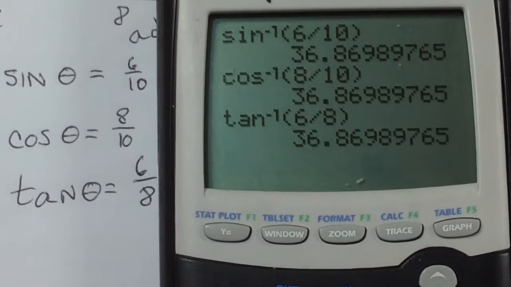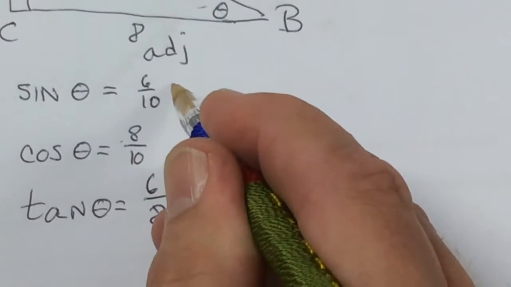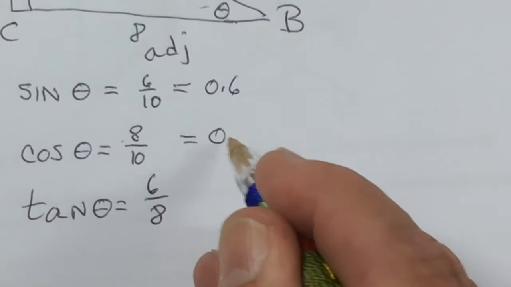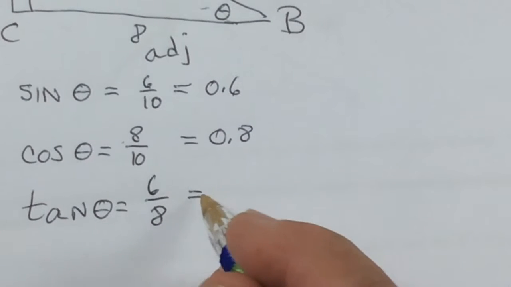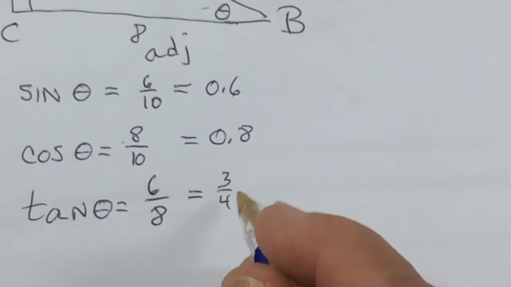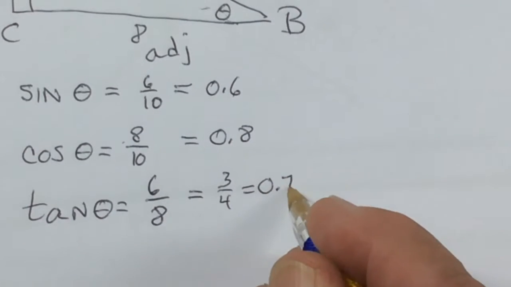If you don't have the calculator to do this with, then what you do is you look here, you turn this into a decimal, or this into a decimal, or this into a decimal. This reduces actually to 3/4, which would be 0.75.